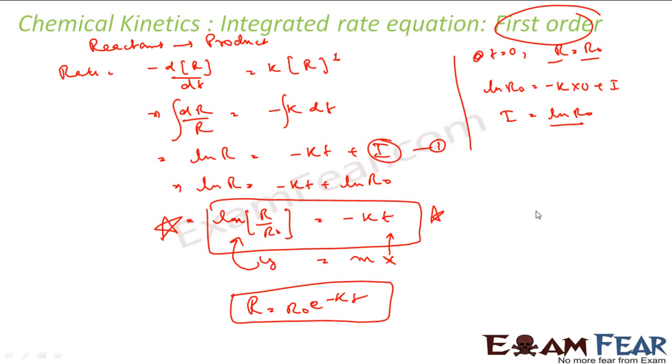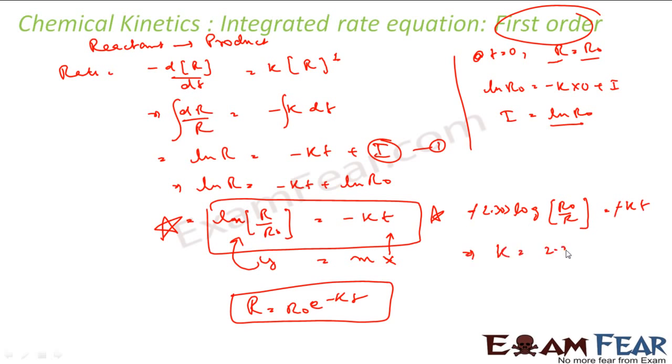Or let me write it actually, because we use that equation pretty frequently. So ln becomes 2.303 log, right? R by R naught becomes R naught by R, and here you just flip it, equal to minus kt. Why am I doing this? Because I want to get rid of this minus sign.